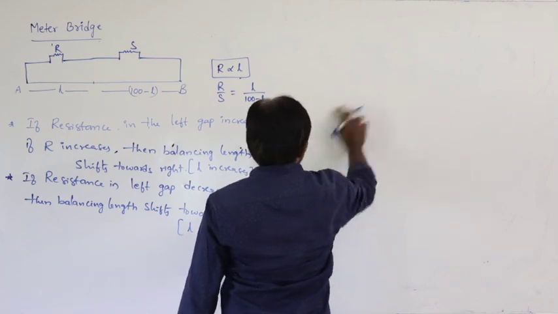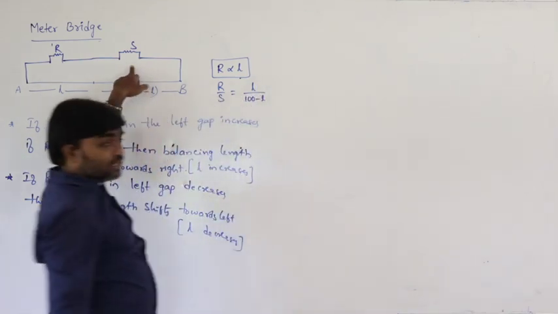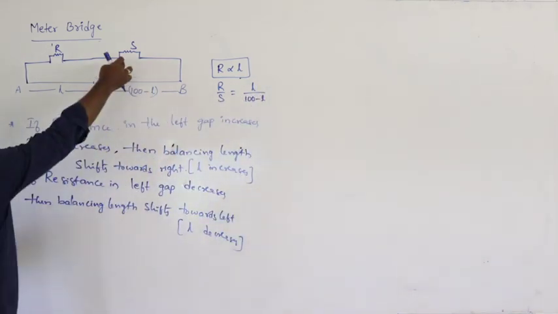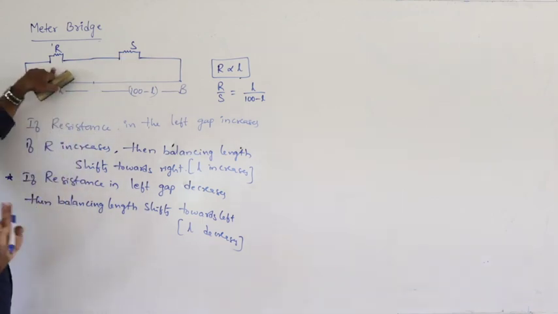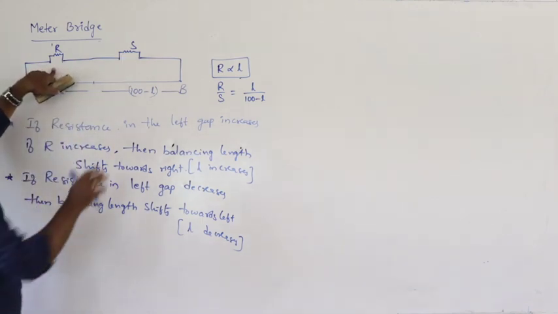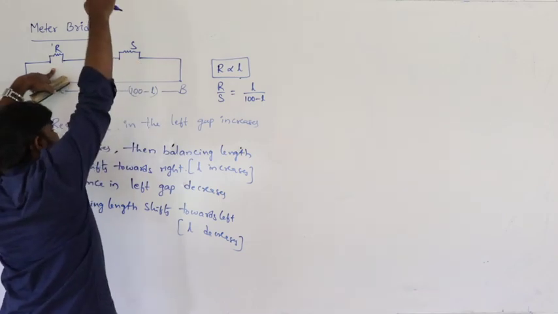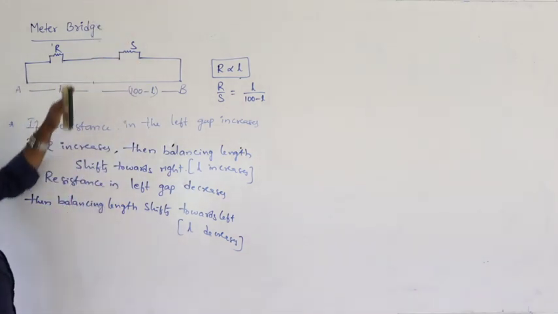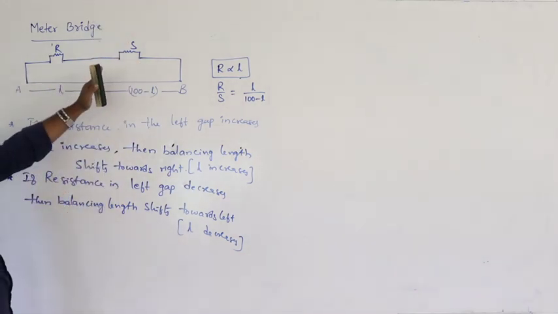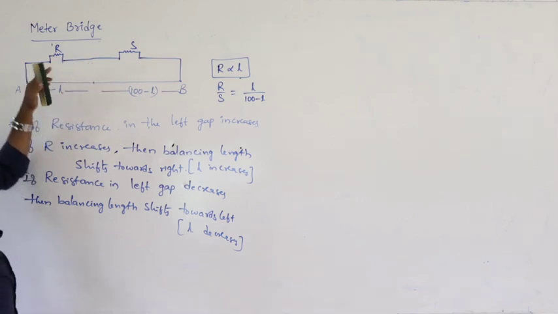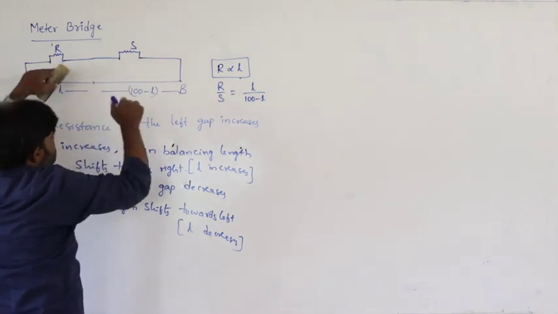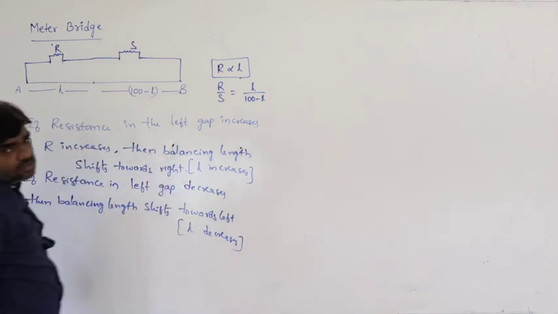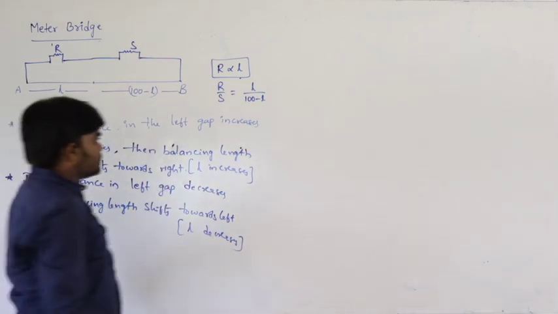Now in the second case, if the resistance in the right gap increases, of course with R value remaining constant, then opposite of this, the balancing length shifts towards left. If the resistance in the right gap decreases, the balancing length shifts towards right. So that is the concept.